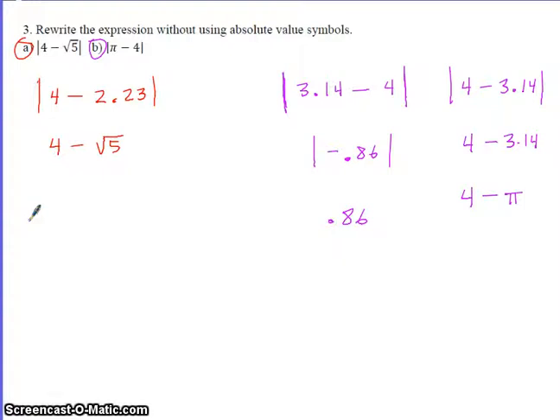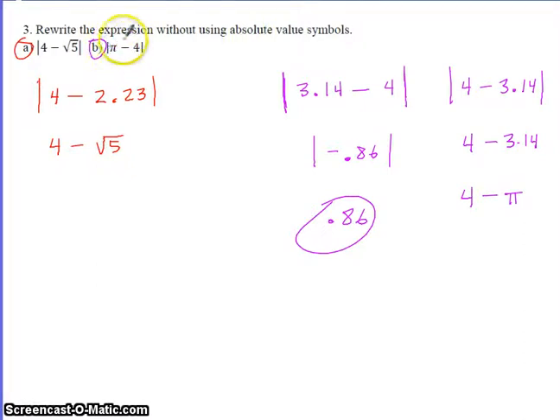All right, this next one here, pi minus 4, you got 3.14 minus 4. That gives you a negative value, and so essentially you're going to end up with positive 0.86, but you got to figure out how to write a positive 0.86 with just the 4 and the pi.